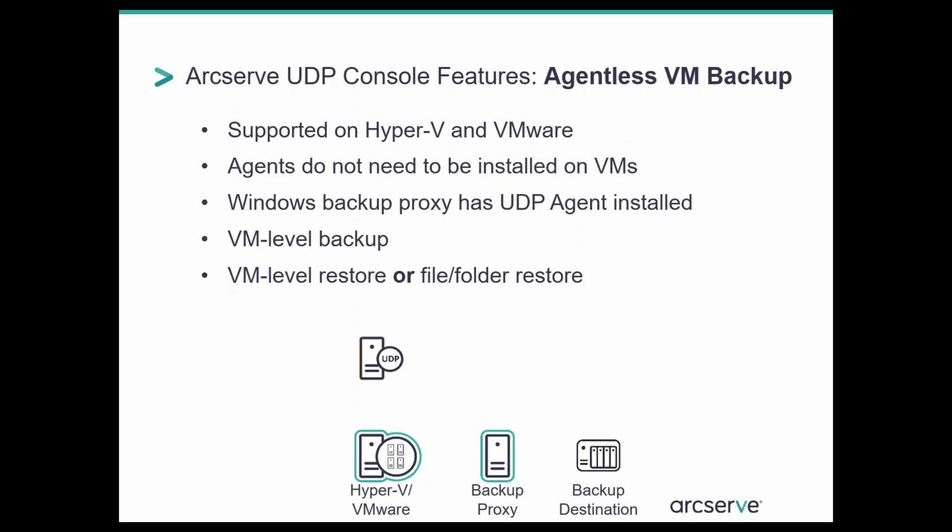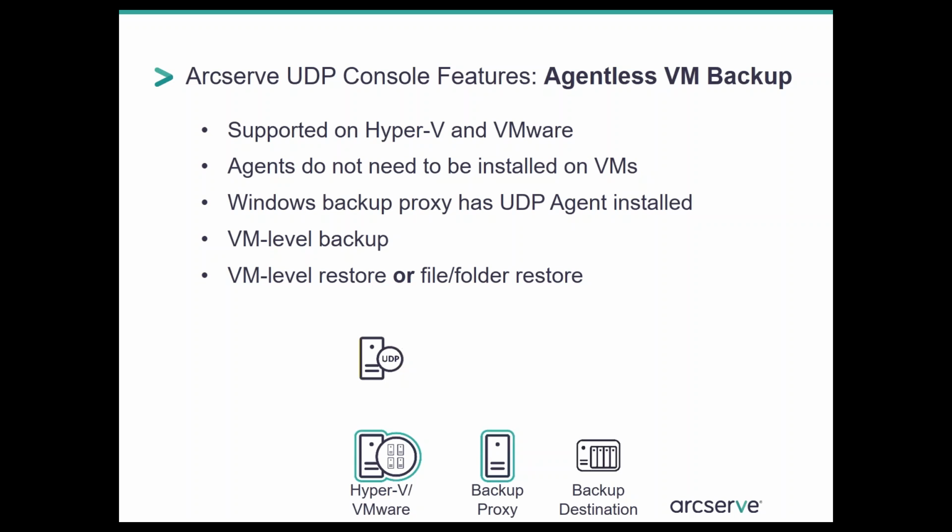We can also perform Agentless VM Backup when we use the UDP console. We can do this for VMs running on Hyper-V and VMware. And by doing Agentless VM Backup, as its name suggests, we don't need to install agents on the VMs.